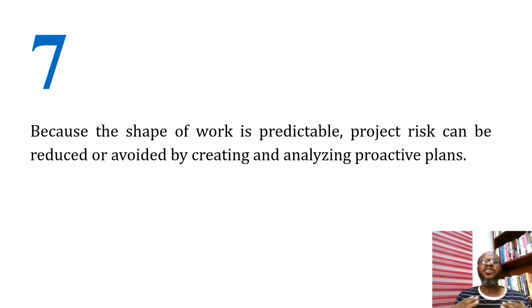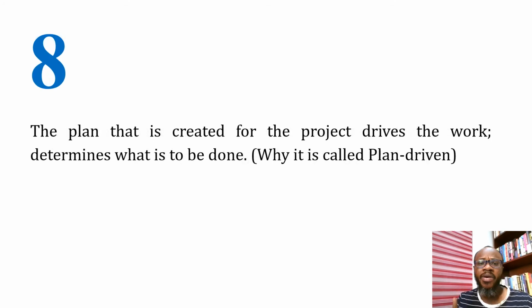Because for Waterfall, you can visualize the entire work from start to finish, it is also very easy to anticipate the kind of risk that could crop up on the project, making it easier to create and analyze proactive plans to address them, to contain them, or even to avoid some of these risks. Eight, the plan that is created for the project drives the work and determines what is to be done. Why it is called plan driven.